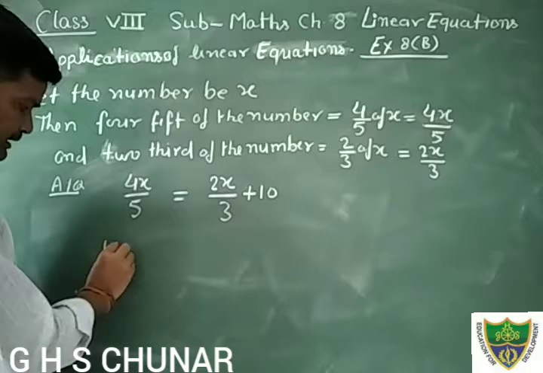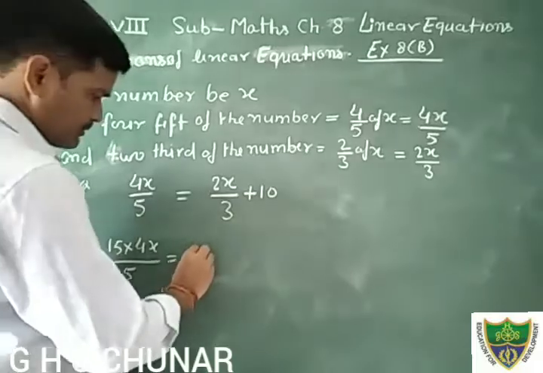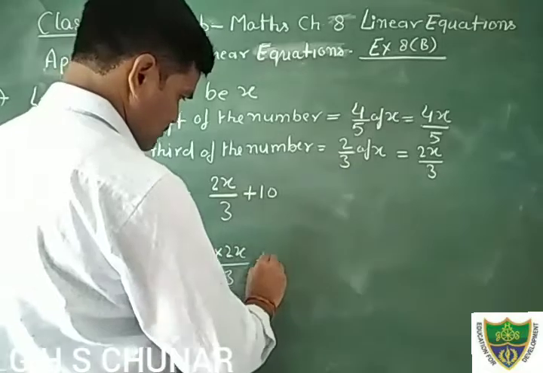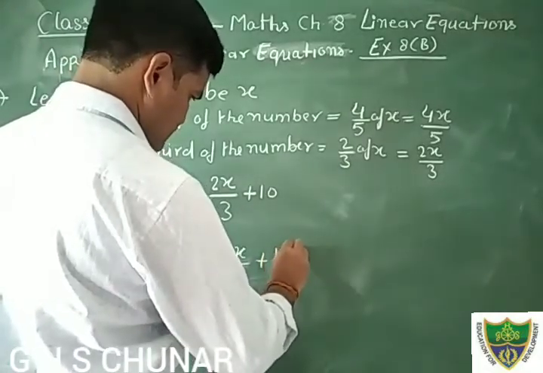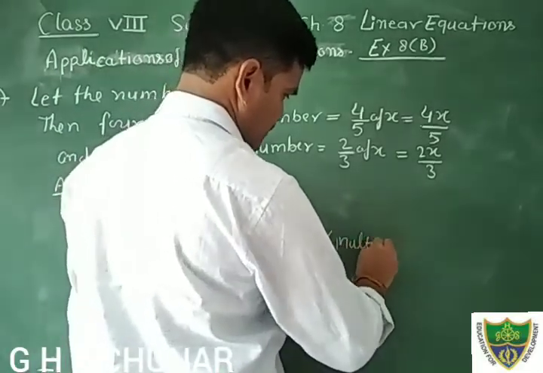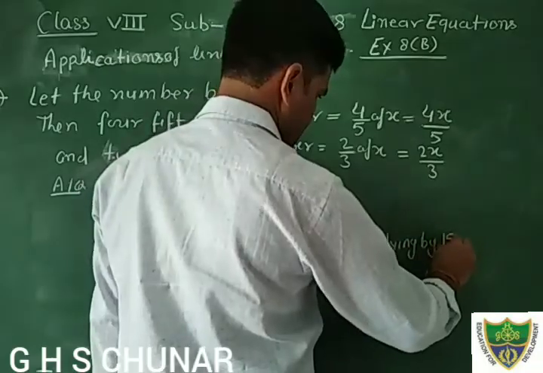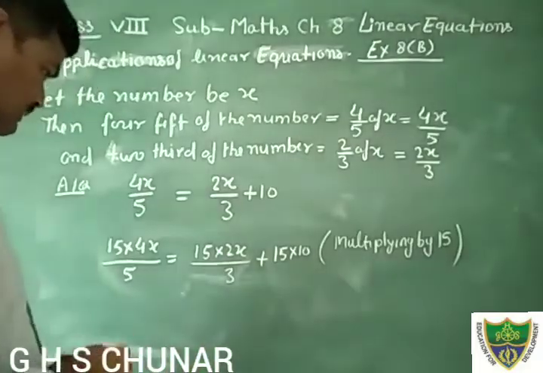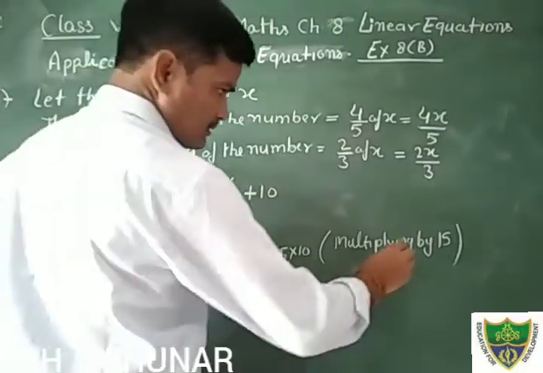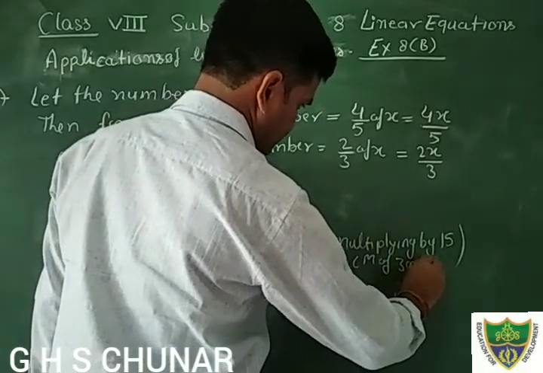That is 15 into 4x/5 is equal to 15 into 2x/3 plus 15 into 10. 5 3s are 15, 3 5s are 15.